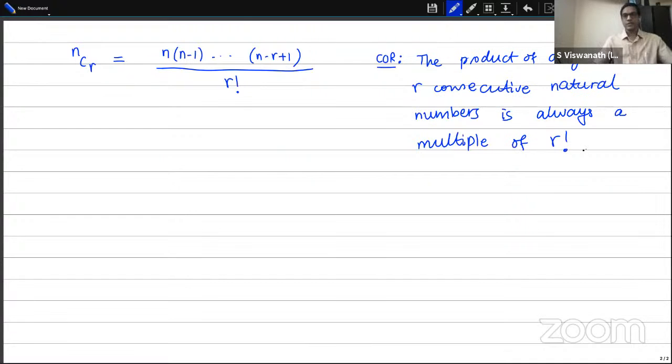So a somewhat surprising fact if we hadn't stated it right after this discussion of combinations. Can anyone see why this must be true?